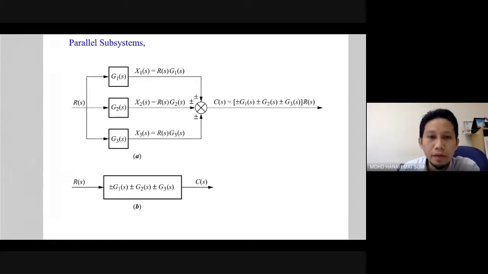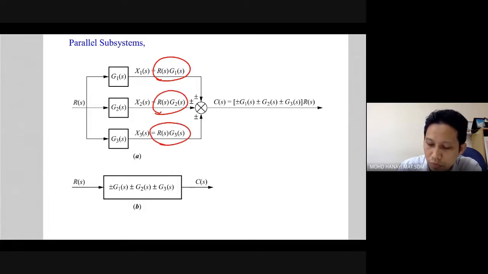Next one, parallel subsystem. Remember the pick-off points. So the system represented as the parallel system here, you have R(s) as the input, and at each branch you have a subsystem G1, G2, and G3. The output of each subsystem is a multiply of R by the subsystem, which in this case is R G1, R G2, R G3.